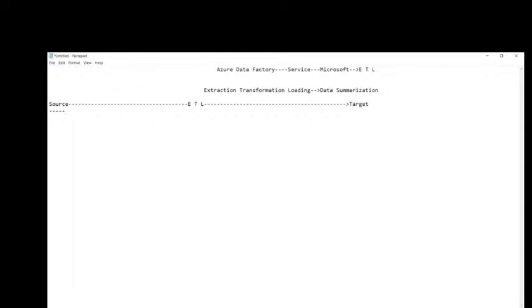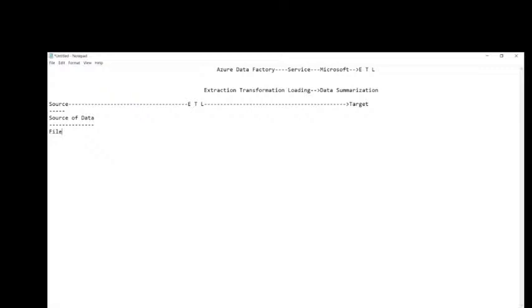Source is nothing but a source of data. So that means we can get the data from the following.